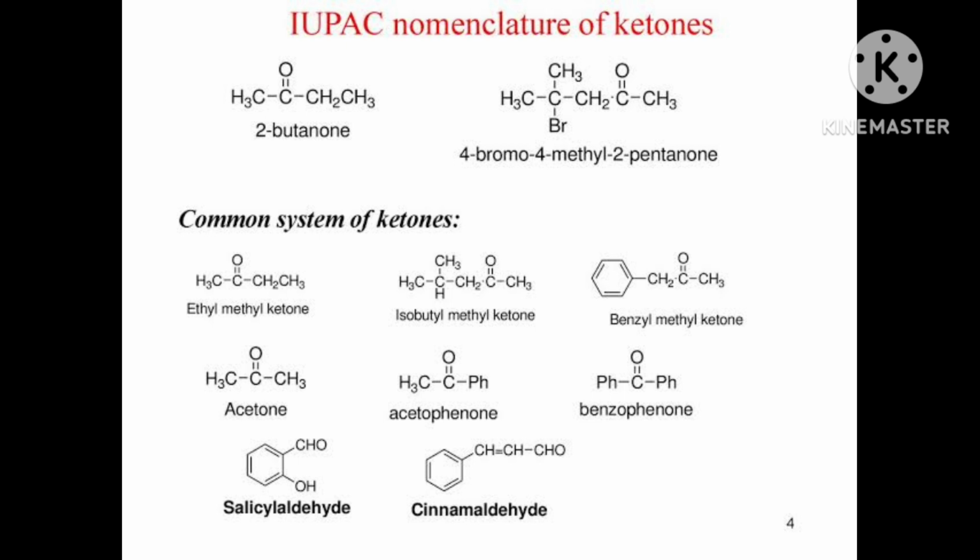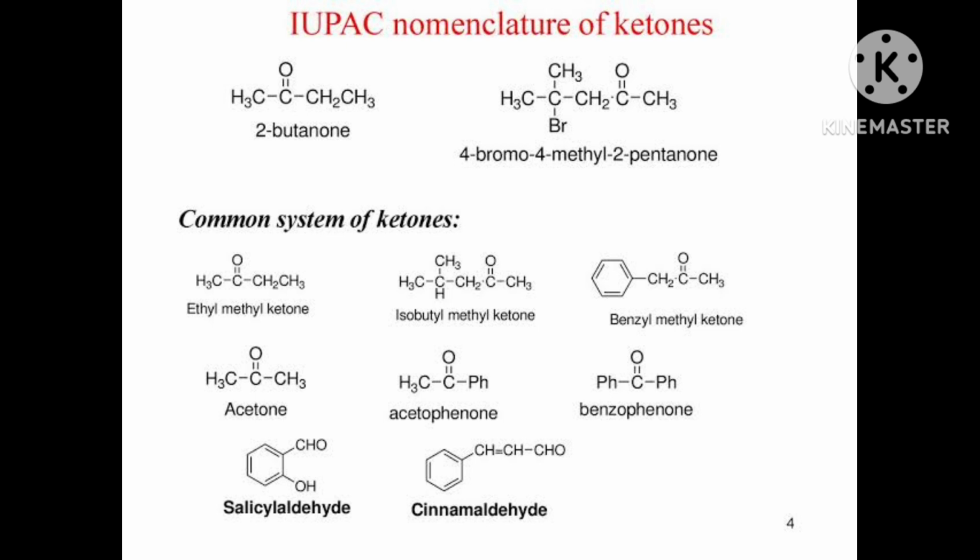In the middle the CO is at carbon number 3, where the C and O double bond is. Then the name will be 2,4-dimethylpentan-3-one. Carbon number 3 has the double bond, that's why it is called 3-one, but this double bond is between carbon and oxygen, the CO group.